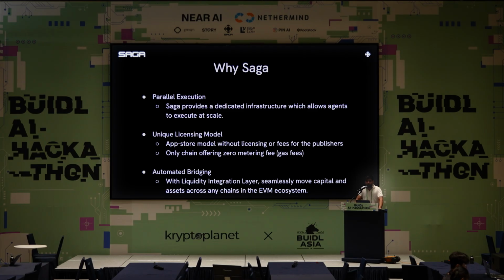The second part, and this is my personal favorite, is the unique licensing model that we employ at Saga. So at Saga, we are following the entire SaaS model. It's more of an app store model, but there is no licensing fee or anything of that sort, which means if you're a builder and you are publishing something on your chain, you don't have to pay fees to us or to anyone.